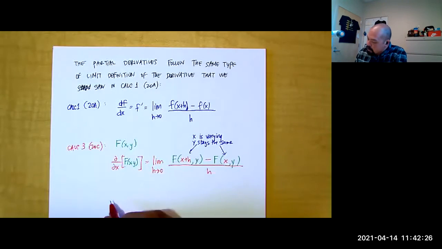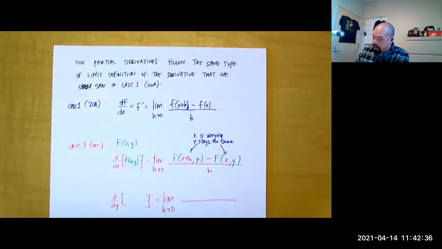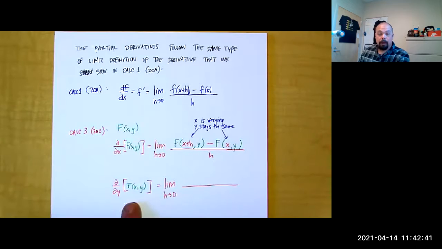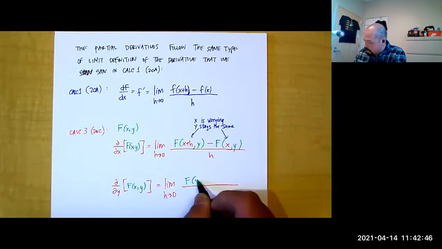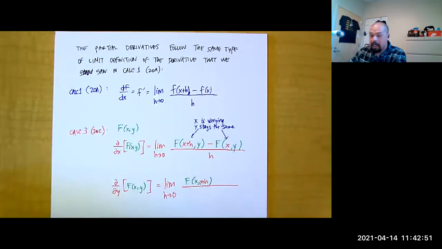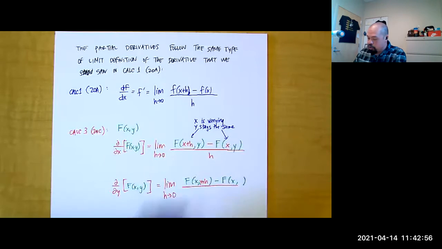And in a similar way, with the partial of that function f of x, y with respect to y, my x stays the same, and it's the y variable that we're going to let shift, all over h.